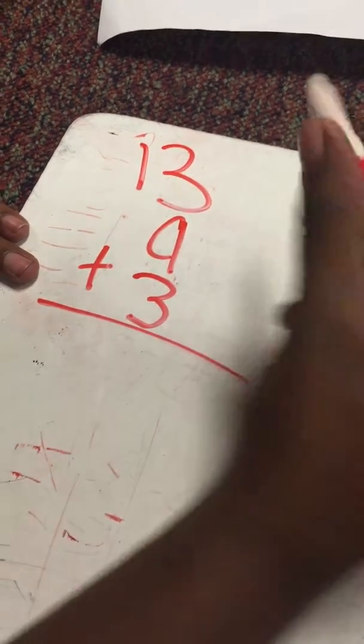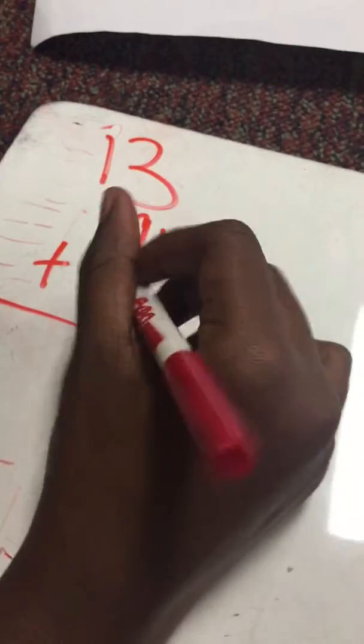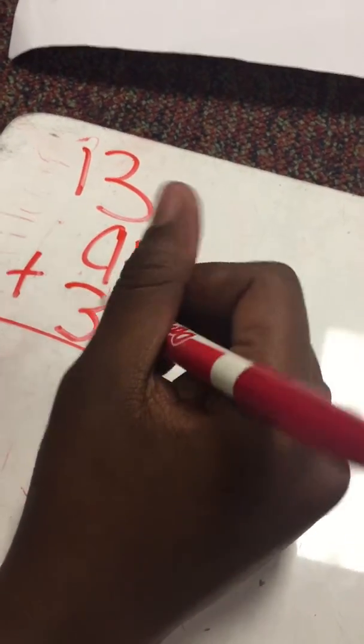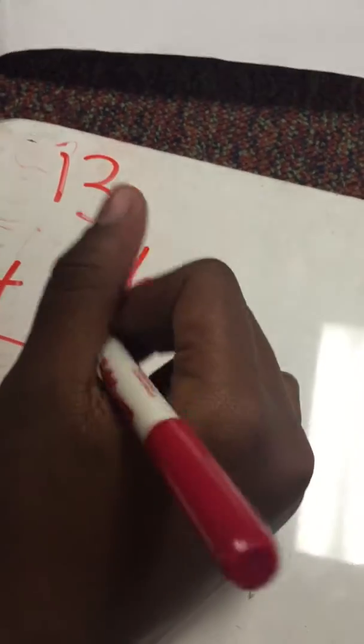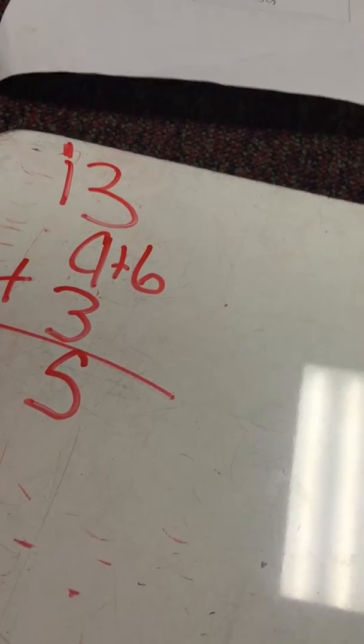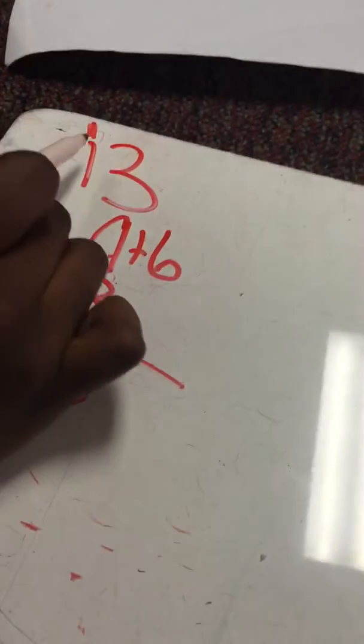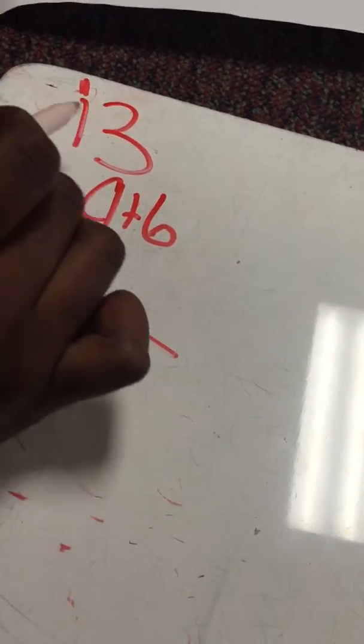Then 6 plus 9 and got 15. And then we put the 1 on the top and got 2. So it's 25. And then we added all the negatives.